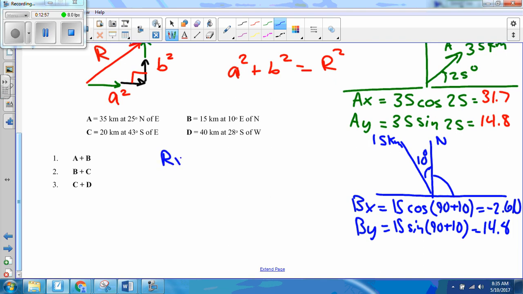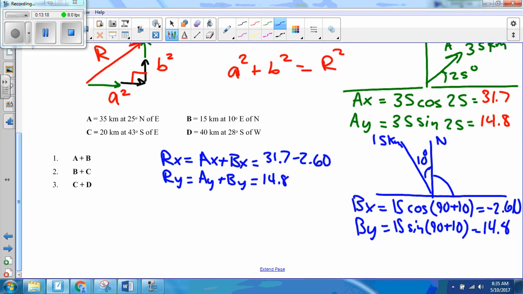So rx is going to be equal to ax plus bx, which is 31.7 minus 2.6. Oh, ry is going to be ay plus by, which is equal to 14.8 plus 14.8. Man, that's crazy.